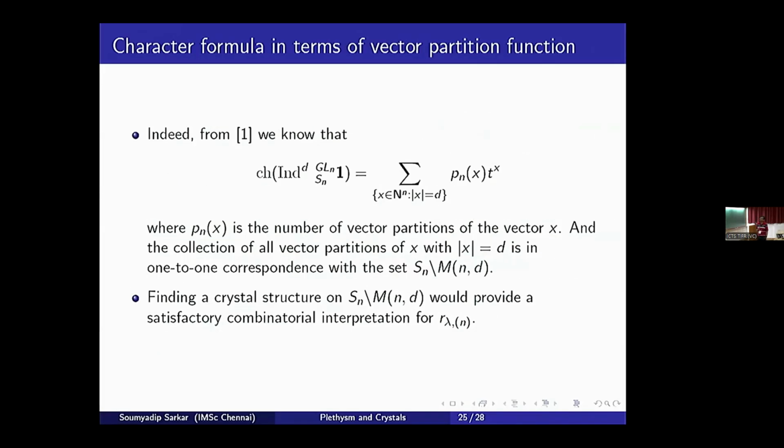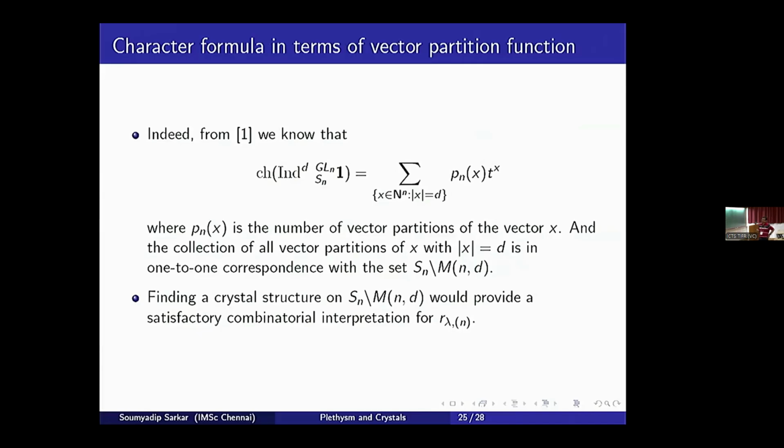That is the thing. And indeed, from that paper of Narayanan, Paul, Prasad, and Srivastava, we know that the character of this module is actually given by this sum, P_n(x) times x to the power x, where P_n(x) is the number of vector partitions of the vector x. And of course, you can think of all vector partitions of a vector x as this set, the set of all matrices, but modulo the permutation.